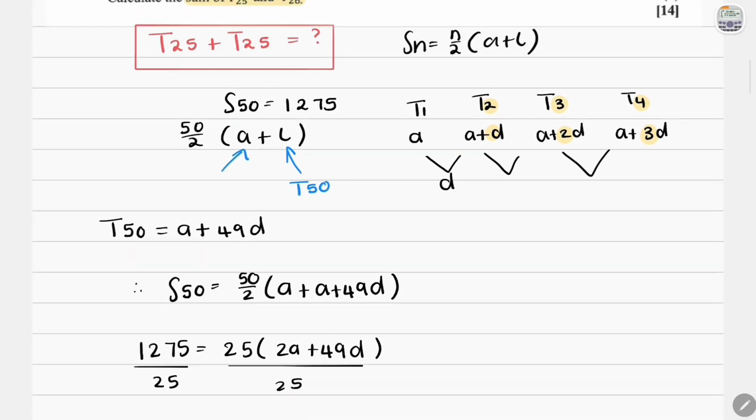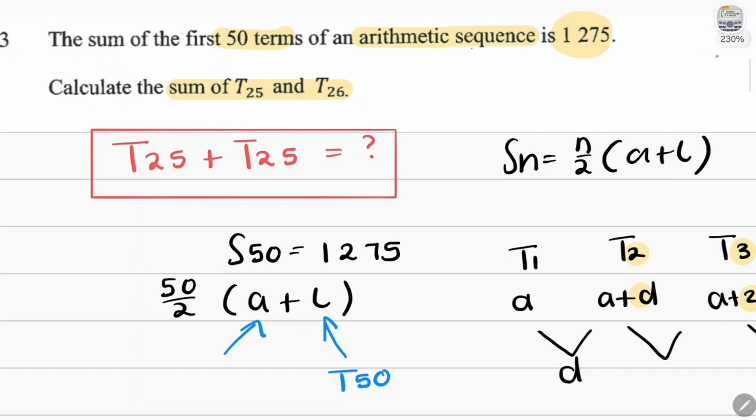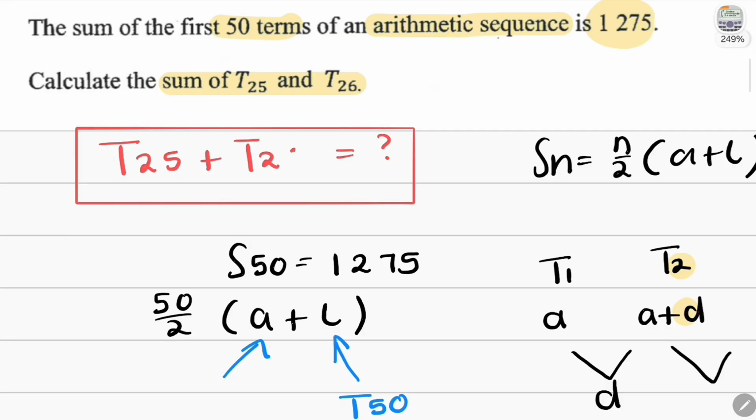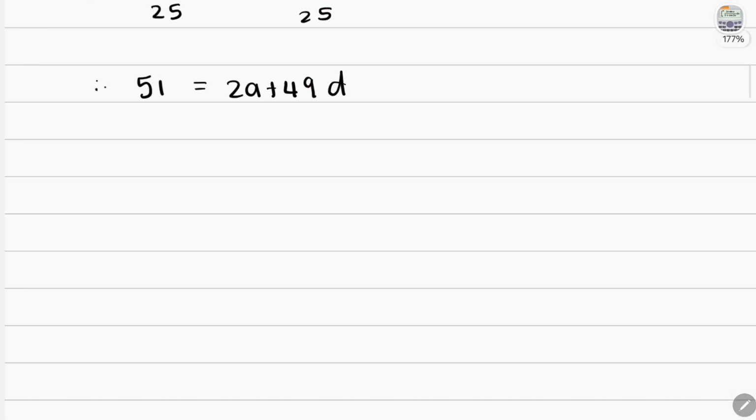Fine. So they did tell us to find the sum of term 25 and term 26. So why don't we do the same thing for this? They're just terms as well. Term 25 can be expressed in terms of A and D, and so can term 26. I'm sorry, I noticed I wrote 25 and 25. It's 26. Okay, so let's also do that.